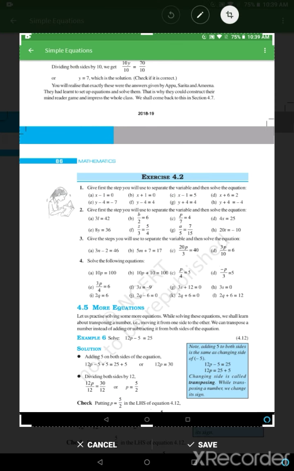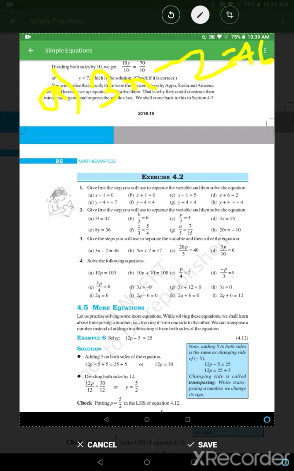So we have done question number 2. We are going to start with question number 3, which is: give the steps you will use to separate the variable and then solve the equation. We start with a, which is 3n minus 2 is equal to 46. First we will add 2 to both sides because it is subtract here.